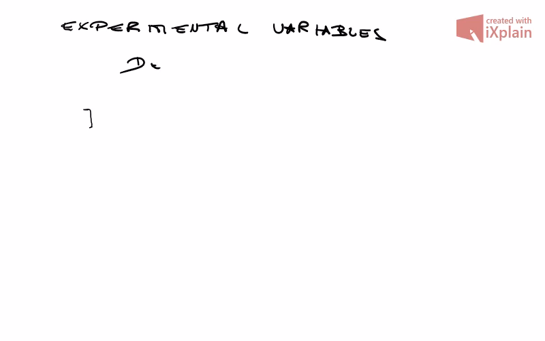And before we do so, we need to revive one important term that you're all familiar with, namely experimental variables. And there are two types, namely dependent and independent.